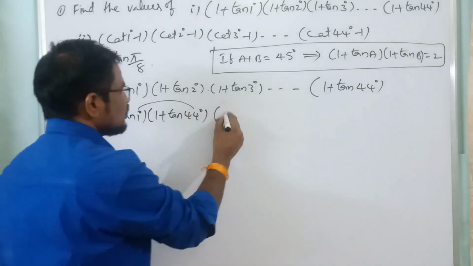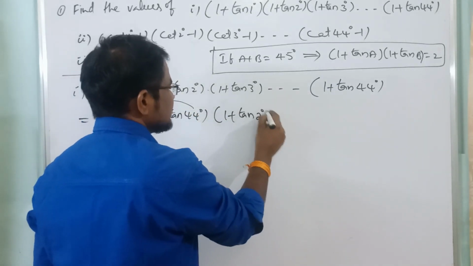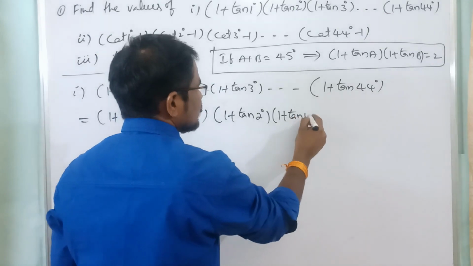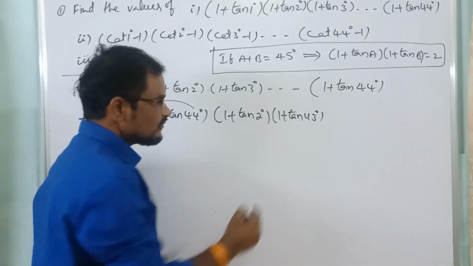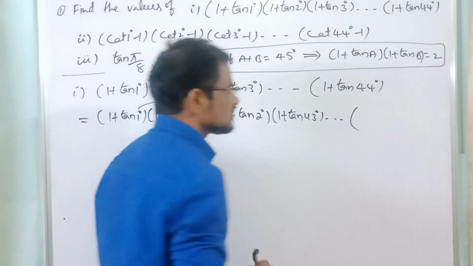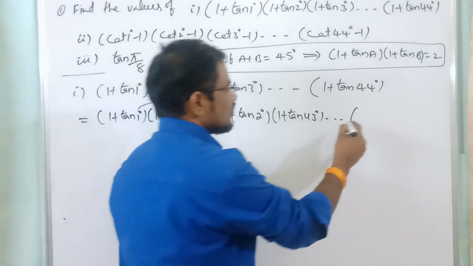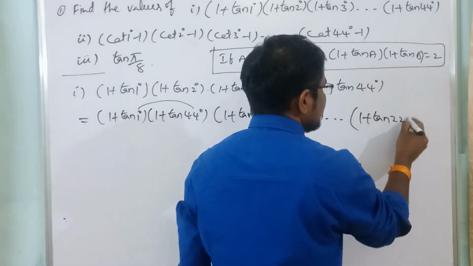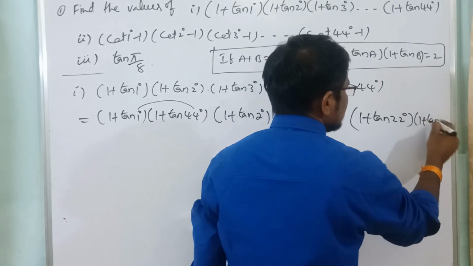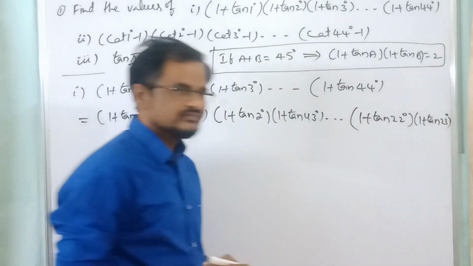Next, 1 plus tan 2 degrees, 1 plus tan 43 degrees, right? So on, the last: 1 plus tan 22 degrees, 1 plus tan 23 degrees, right?